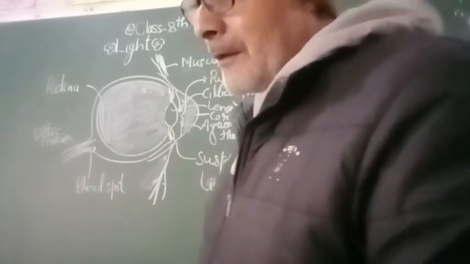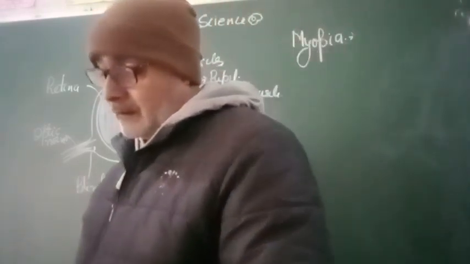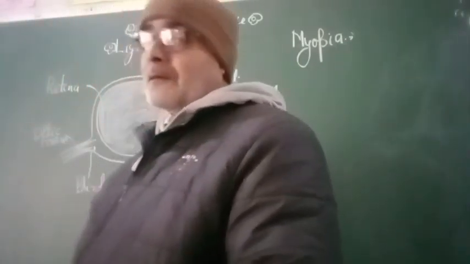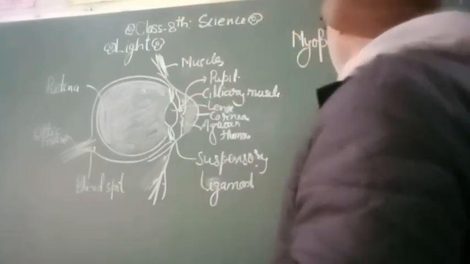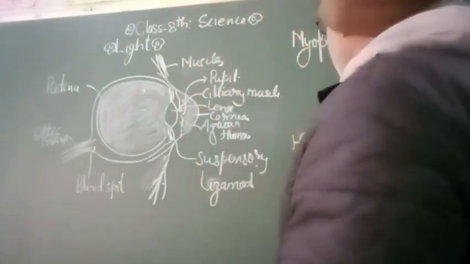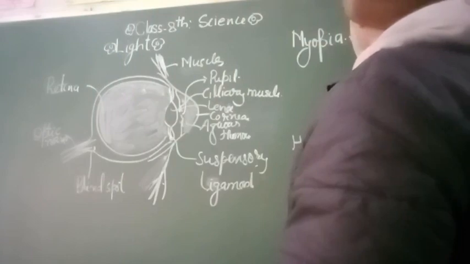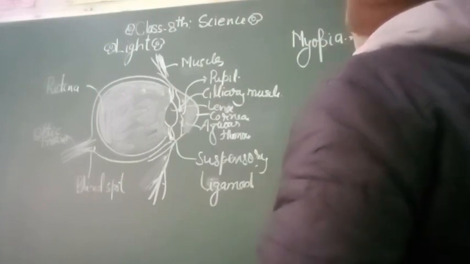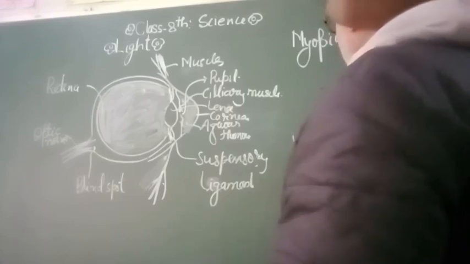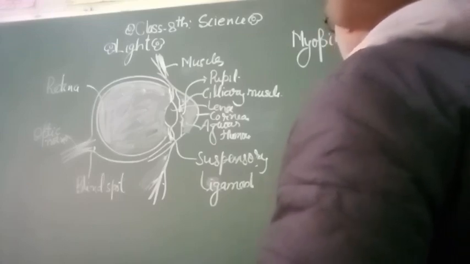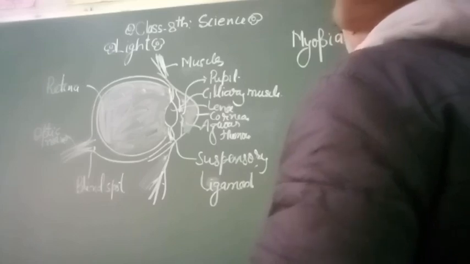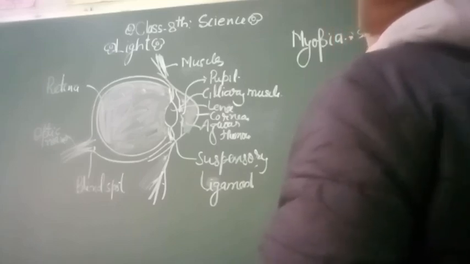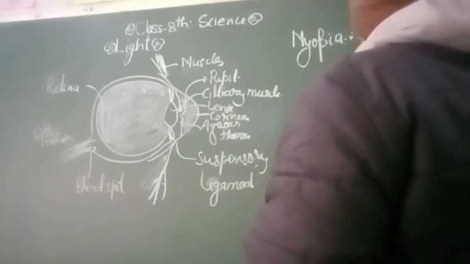Hypermetropia. Hypermetropia means the eye which can see only distant objects, but not the nearest object.